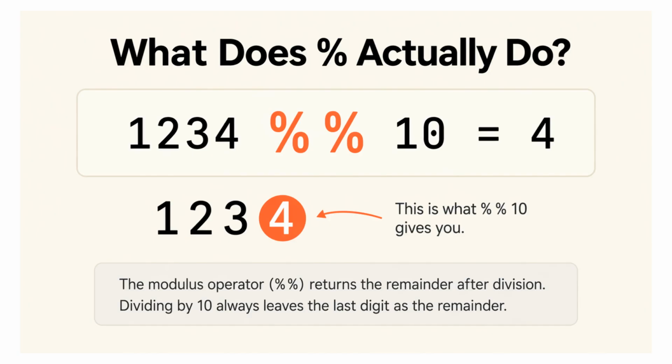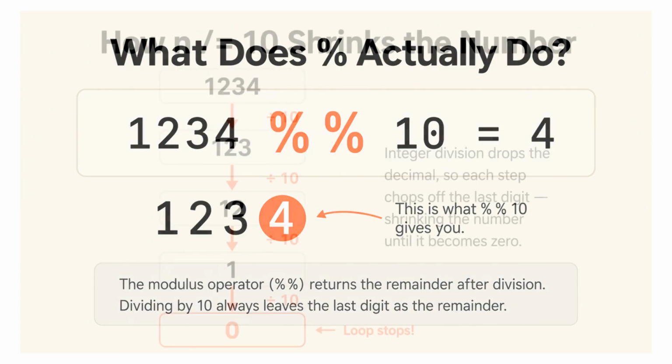Here's a neat little trick. Whenever you divide any number by 10, the remainder is always the last digit of that number. Always. 1234 mod 10 gives 4. 567 mod 10 gives 7. 89 mod 10 gives 9. That's exactly why we use it in our reverse logic. It's the cleanest way to grab the last digit of any number, no matter how big it is.